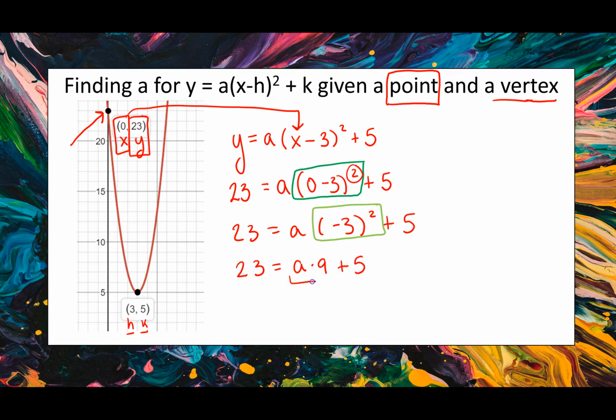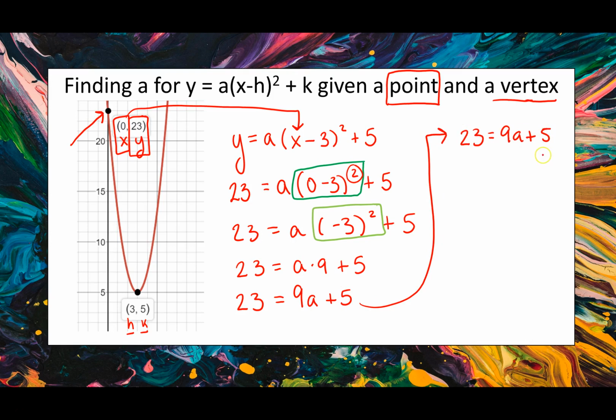And because we can rearrange multiplication, I can write this as 23 equals 9A plus 5. I'm going to rewrite up here just so we have space. Again, 23 equals 9A plus 5. So let's solve this two-step equation. We're going to get rid of the 5 first.